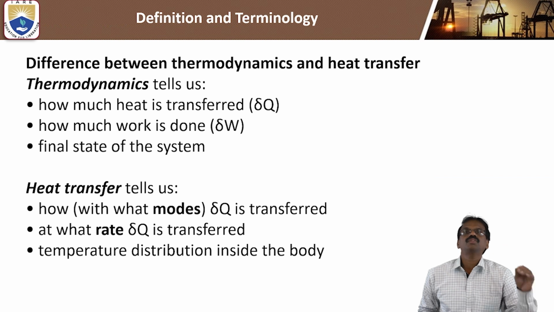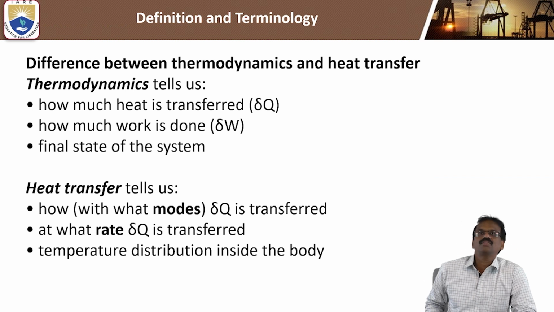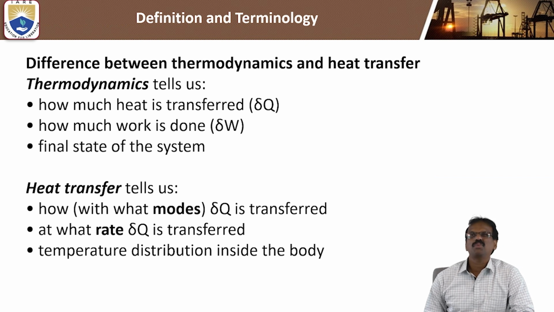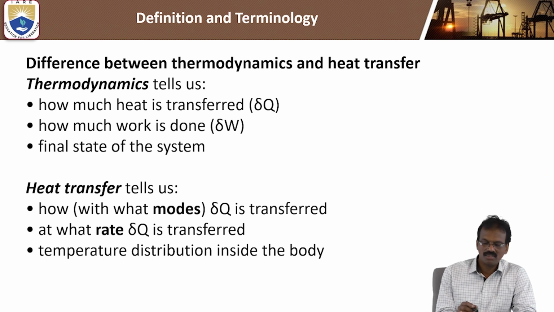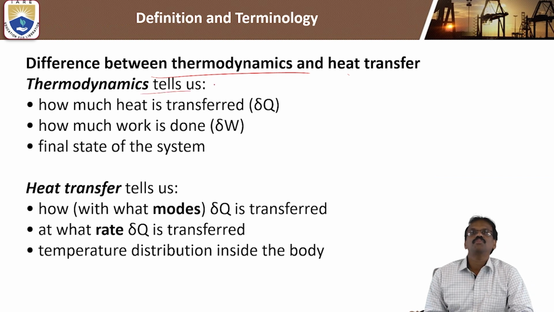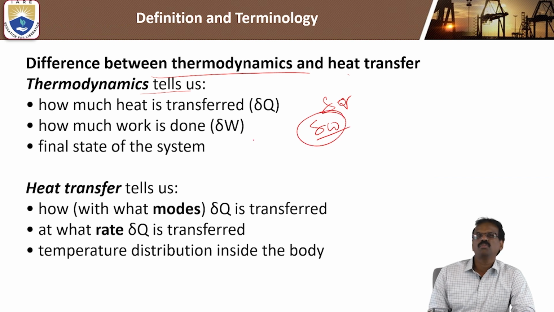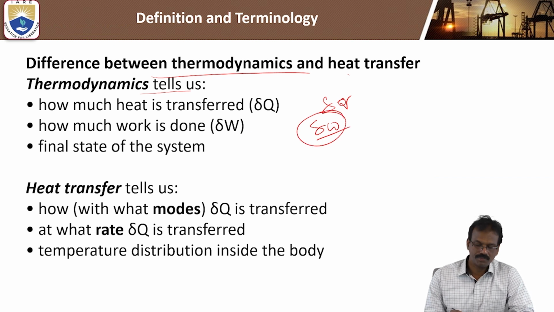Next, finally, we'll see the importance of heat transfer, and we'll see here also the difference between thermodynamics and heat transfer. Just a conclusive point. Thermodynamics tells only how much heat is transferred, del Q, how much work is done, del W, and the final state of the system.